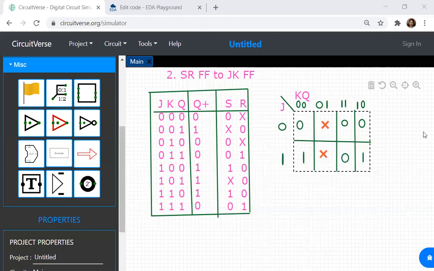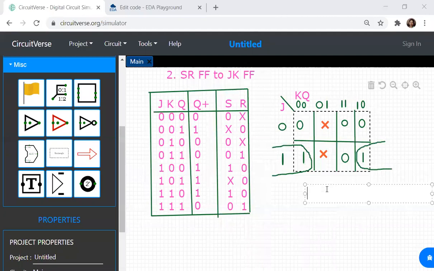Now you have to simplify. You can clearly see in the K-map we will be having only one pair. So this and this will form a pair. So what happens to the expression?